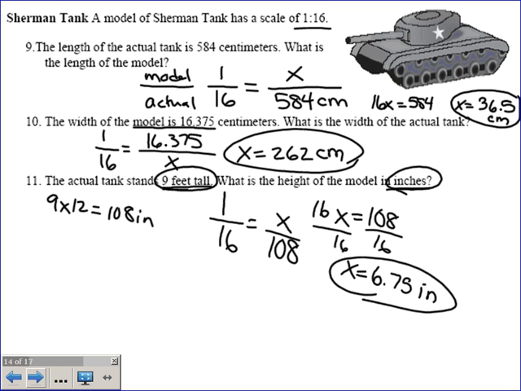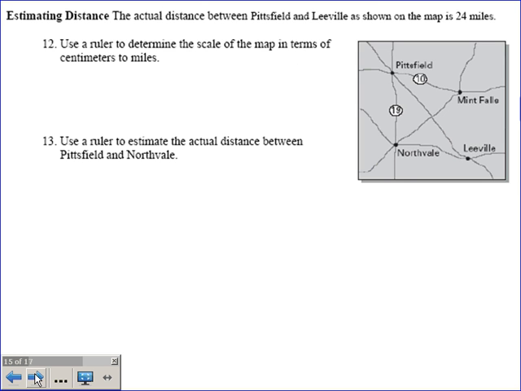Okay. Another map, right? The actual distance between Pittsfield and Leeville shown on the map is 24 miles. Use the ruler to determine the scale of the map in terms of centimeters to miles. So 24 miles is going to go on the bottom.